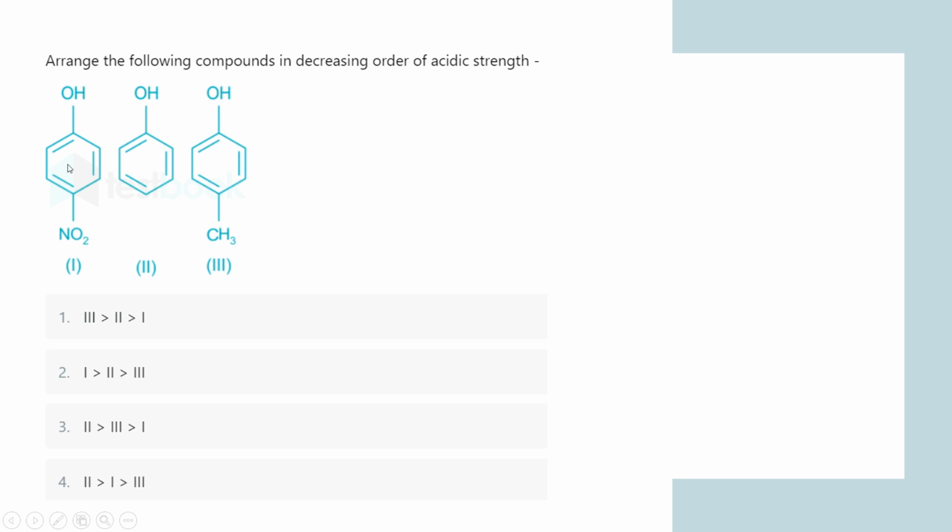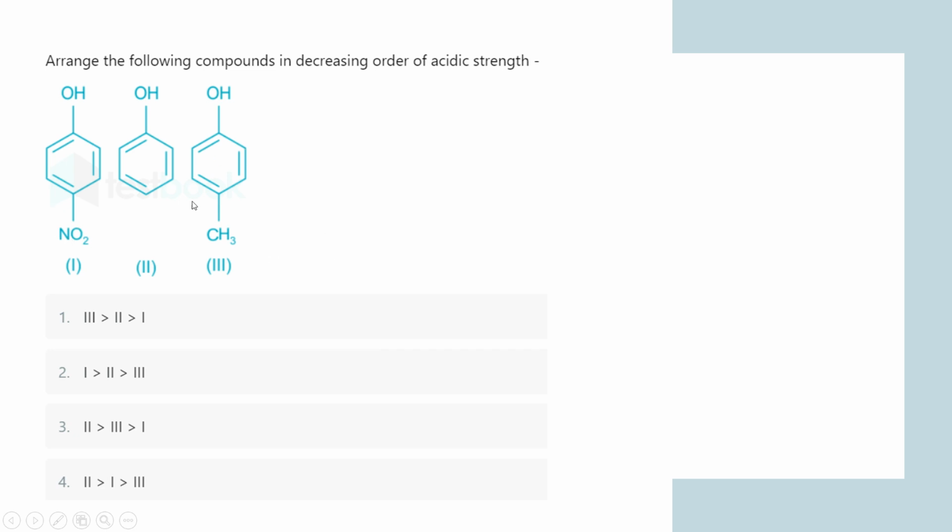So when the anion is generated on the oxygen atom, this anion will be pulled more towards the nitro, which will make the anion formed after donating the proton more stable. Okay, this anion will be more stable due to electron pull from this nitro.